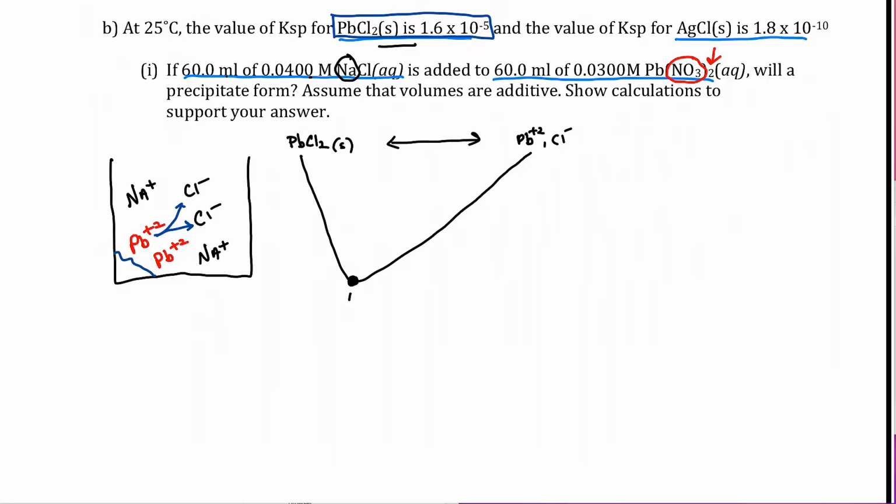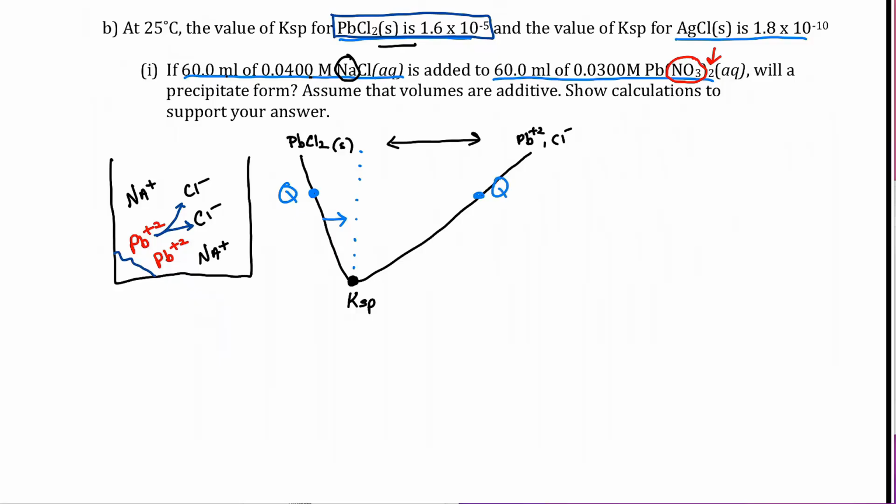So this would be the equilibrium position. It's the lowest position. It's the death of the reaction. And the question is, did we add enough ions to go far enough to reach this equilibrium position that favors the reactants, or did we get past it? So is our Q in this position or is our Q in this position?